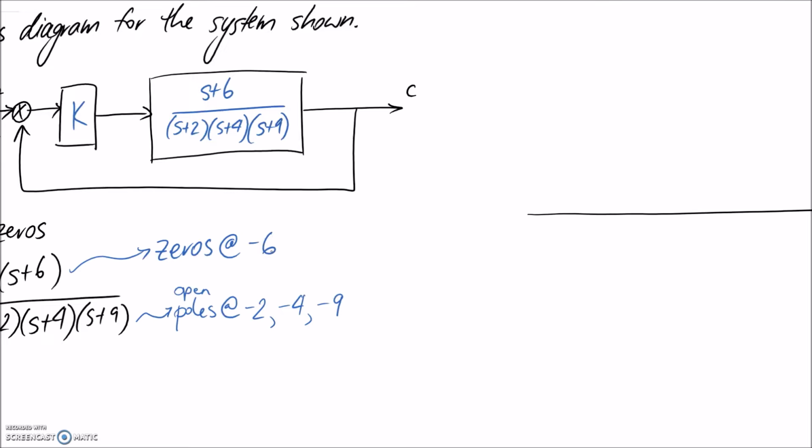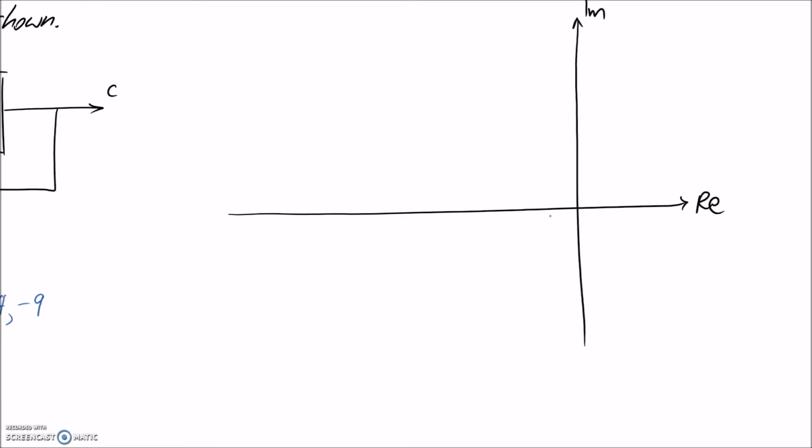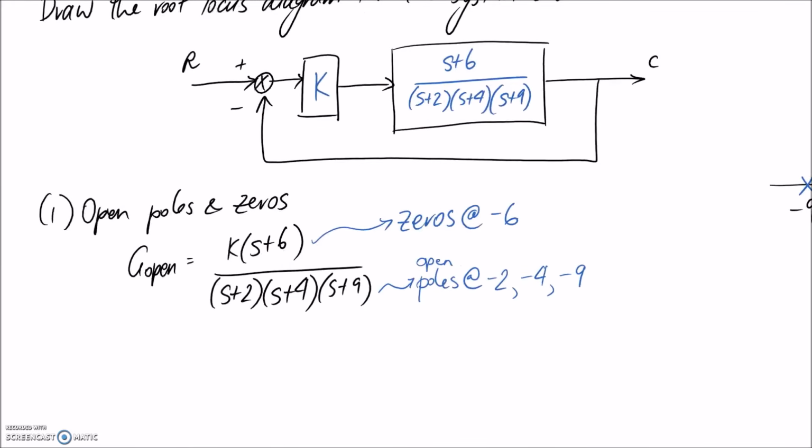Zeros are going to get marked with an O or a circle on the diagram, and poles are going to get marked with an X. So we have poles at -2, -4, and -9, and the zero was at -6. Not super to scale, but we'll do it on Matlab at the end and you'll see the nice looking version. So that's step 1 done.